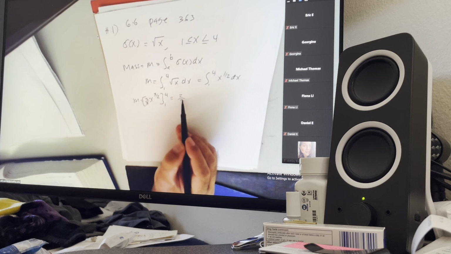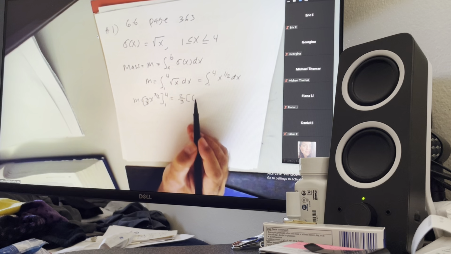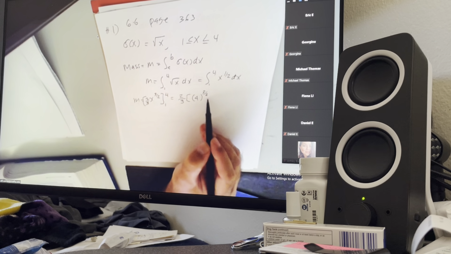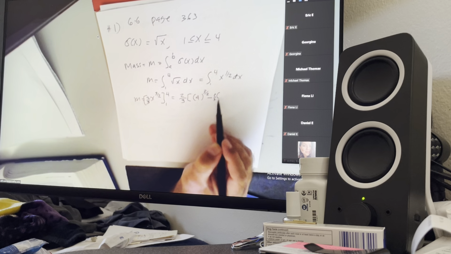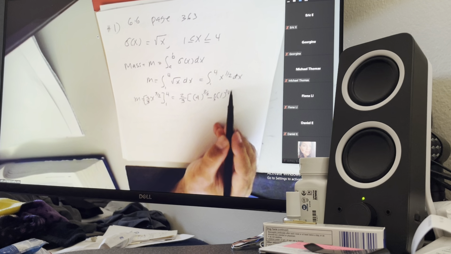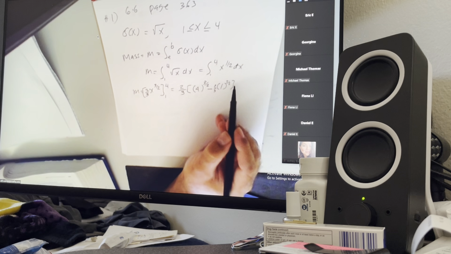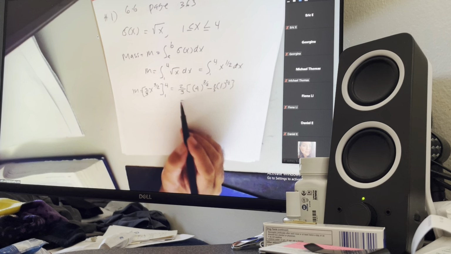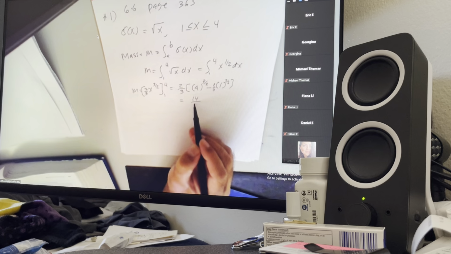So this would be 2/3 times the upper limit 4 to the 3/2, minus the lower limit, also 2/3 of 1. We have to calculate this. When you simplify it, that gives you 14/3.